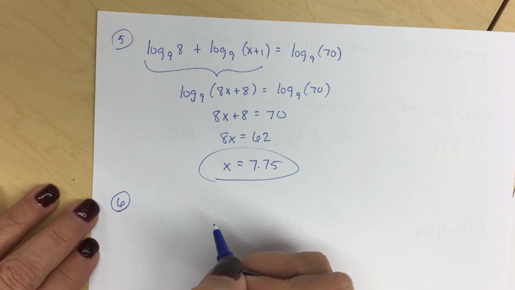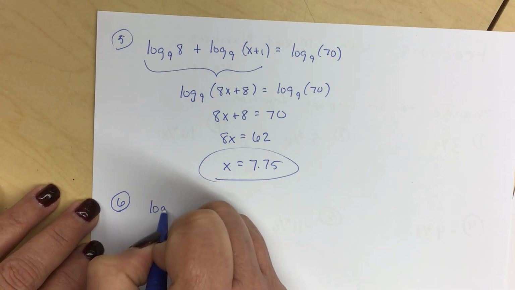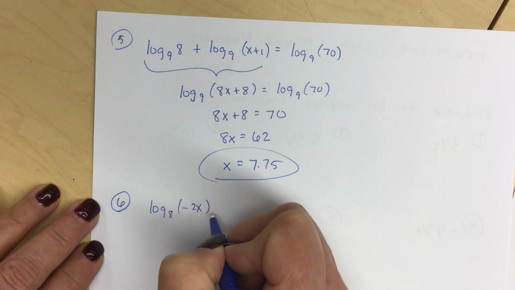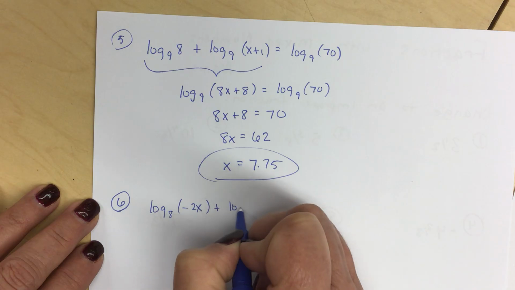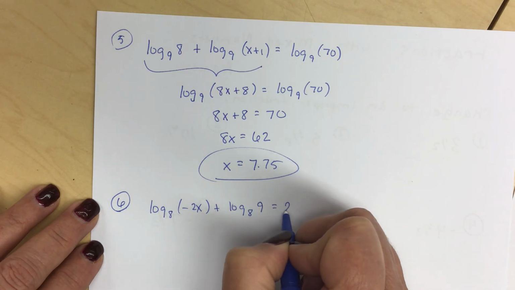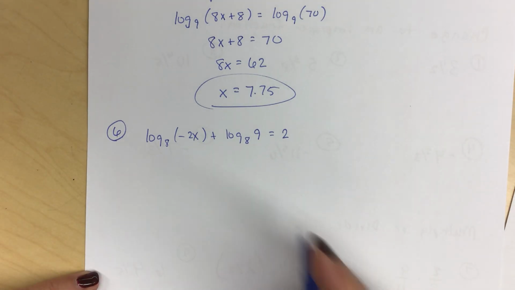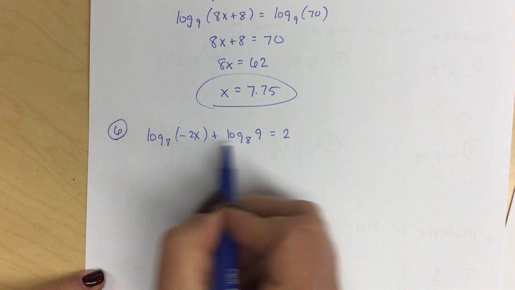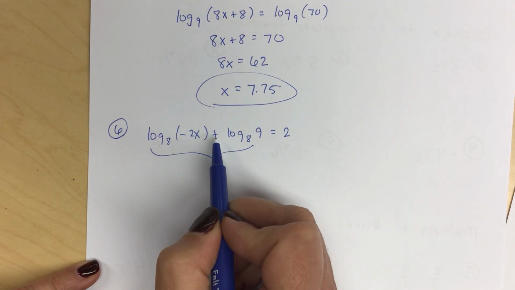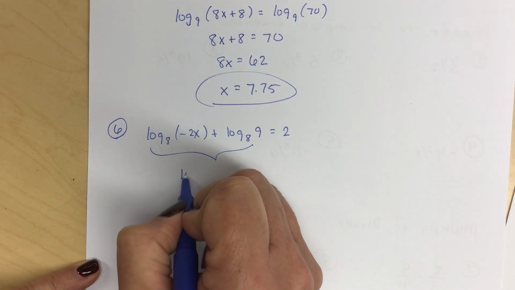You might have something like log base 8 of negative 2x plus log base 8 of 9, and that's equal to 2. Well, we can't do the swirl because we have 2 logarithms and 1 number over here. So we've got to put that together. It's addition, so we're going to put it together with multiplication.